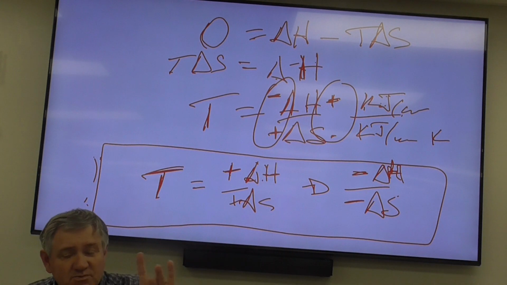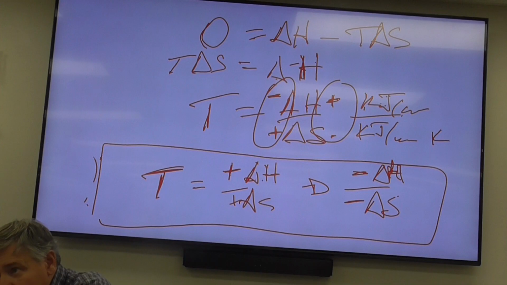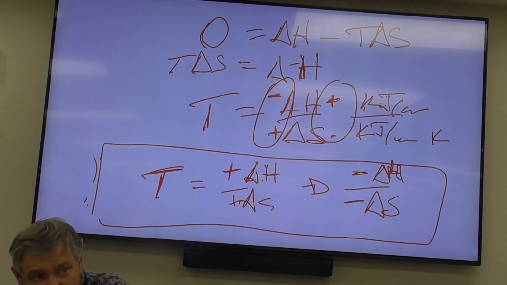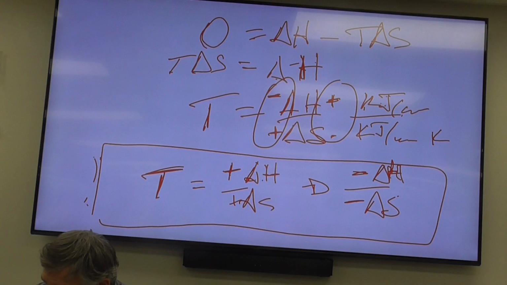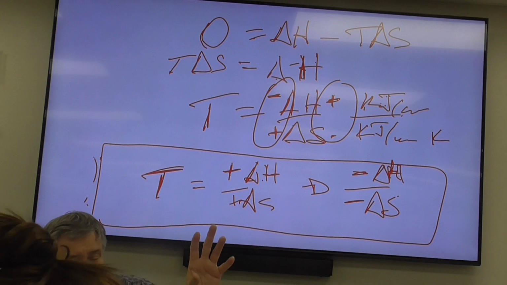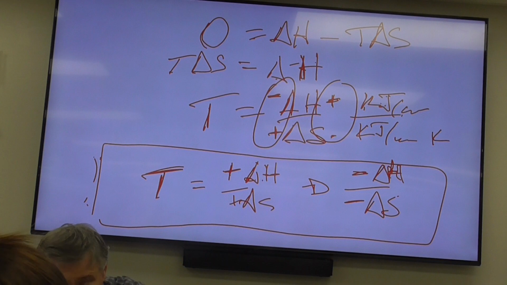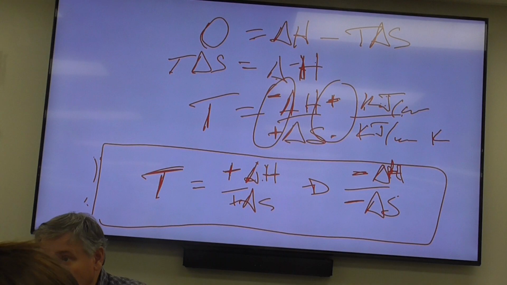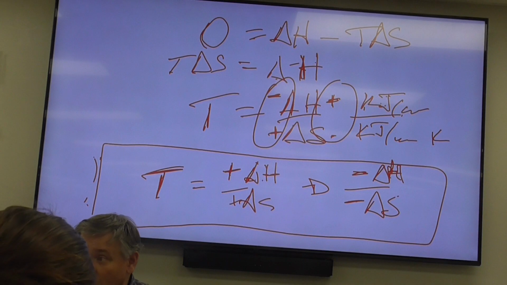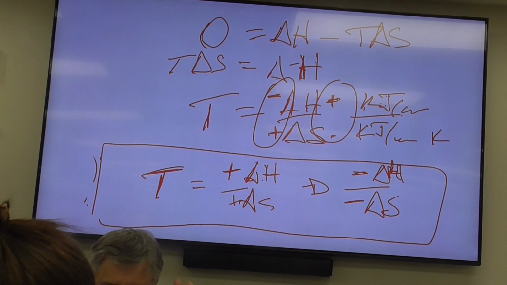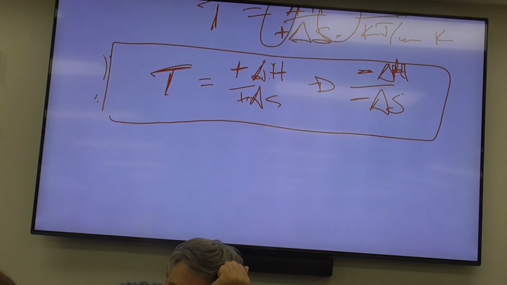So this is why when you have the negative delta H and the positive delta S, that's always spontaneous because it isn't temperature critical. If you have a positive delta H and a negative delta S, that's never going to happen, so it isn't temperature critical either. So what we're going to look at now are the ones that are temperature critical. So, go back to this.